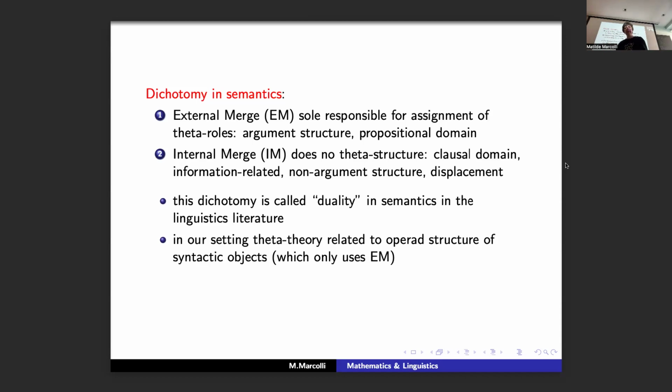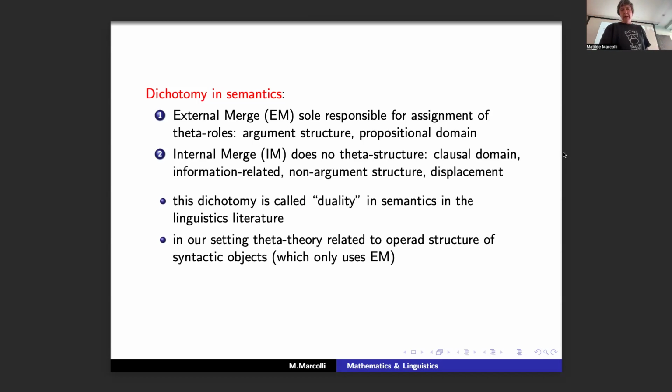I'm mentioning this because I'm arguing now that these theta roles and theta theory can be encoded into something that has to do with this kind of operad structure. And this operad structure has directly to do with the building of syntactic objects, and that is external merge. It's not internal merge. So it's compatible with the fact that you want the theta roles to be entirely something that only has to do with external merge and doesn't involve internal merge at all.